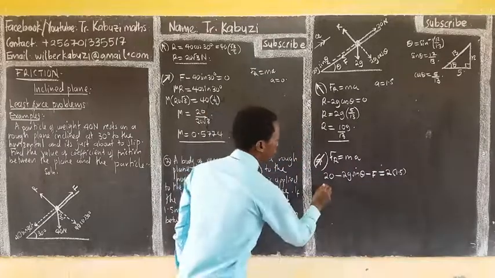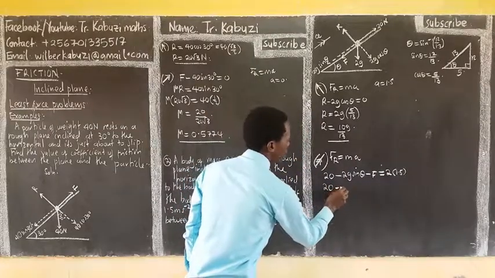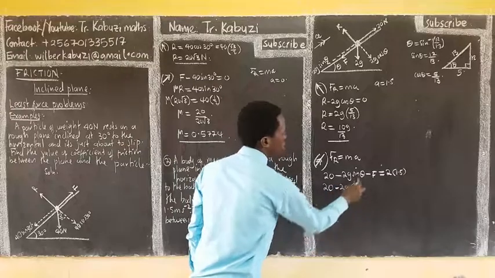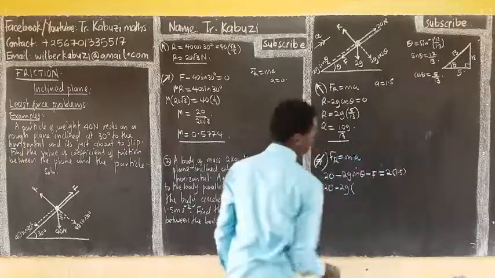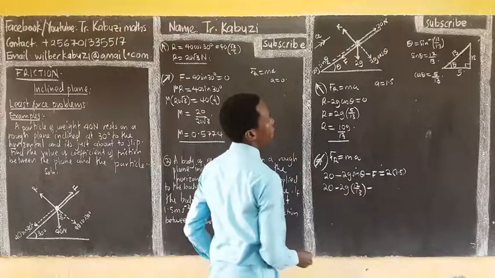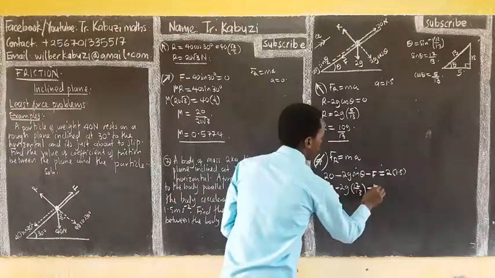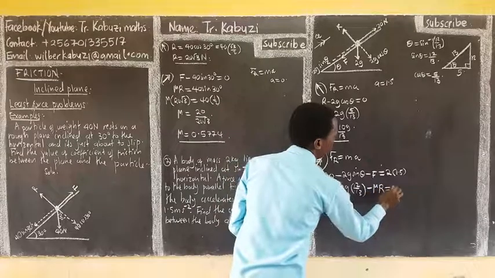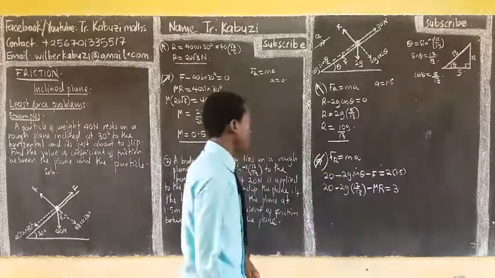Okay, so this will give us 20 minus g into, now sine theta is 12 over 13, that is 24g over 13, then minus F. What is F? Our F is mu R, equal to 3 on the right side.